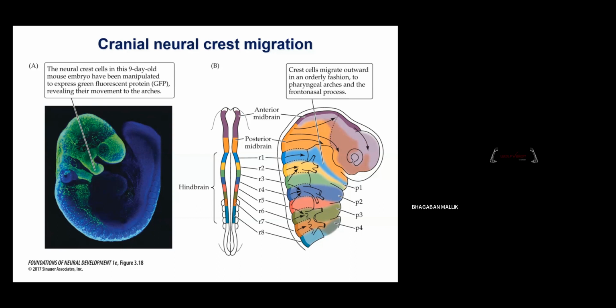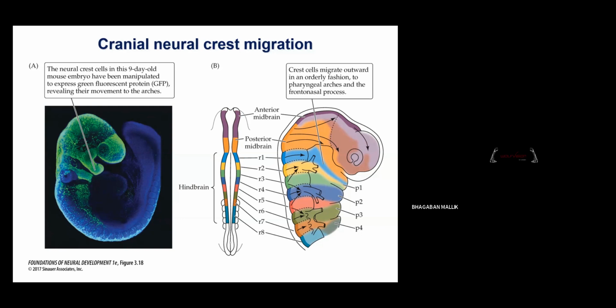Here the same thing is shown schematically. You have the anterior part of the brain, this is the midbrain, this is the hindbrain. This shows how neural crest cells migrate to the different parts of the brain.